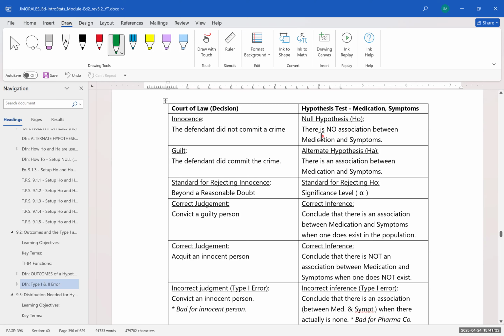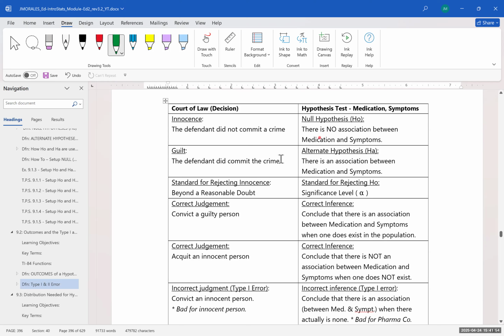So if a patient takes a medication and has symptoms, the null hypothesis is that there's no connection between those two things. And in a court of law, an equivalent thing would be innocence, that the defendant did not commit a crime, right? There's no link between the defendant, which is the medication, and the crime itself, which would be the symptoms.